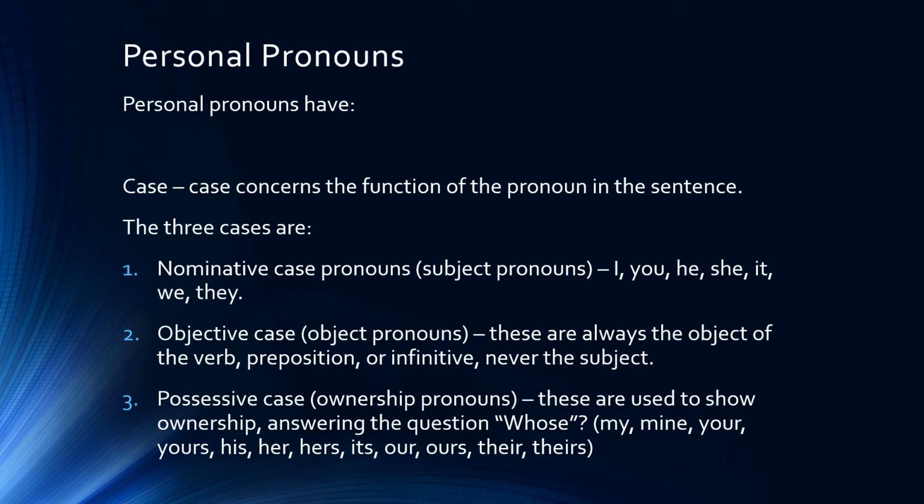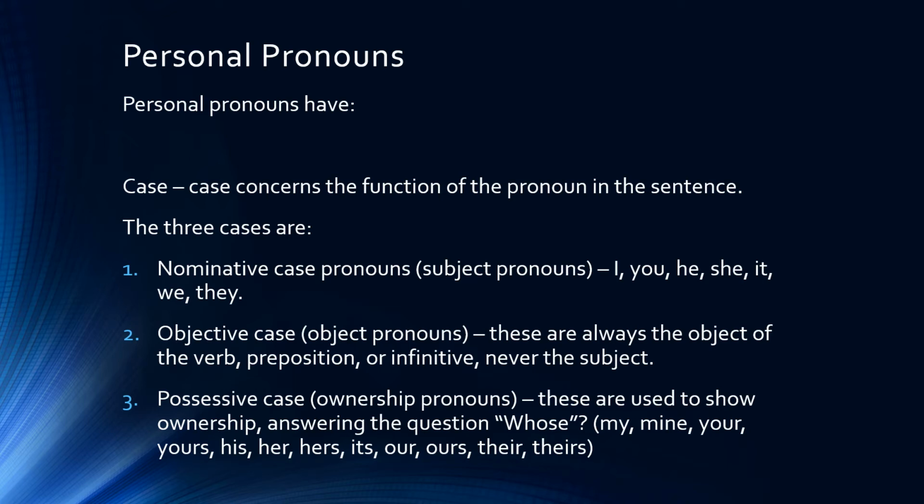The second category is objective case, and these are object pronouns, and these are always the object of the verb, the preposition, or infinitive, and never the subject of the sentence. And then thirdly and finally, we have the possessive case. Possessive case shows ownership.